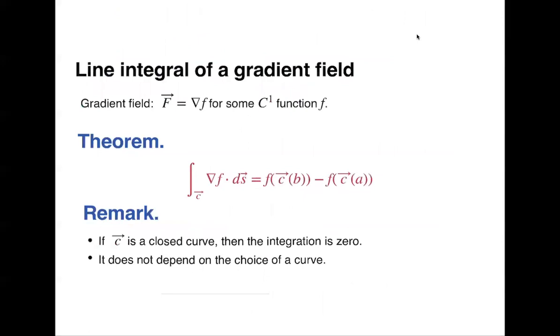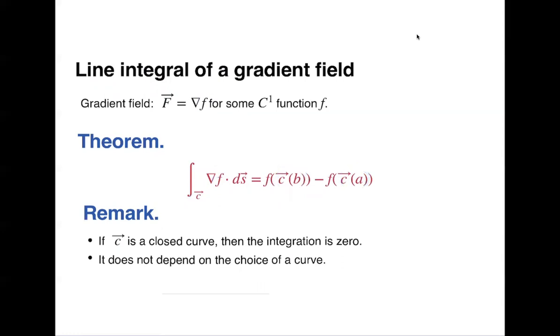Okay. Let's record that the gradient vector field is the gradient of some function. So we call this function f a potential function, okay? And when we integrate the vector field, here a gradient field, then by the fundamental theorem of calculus, we can calculate it using the end point and the start point of the curve.